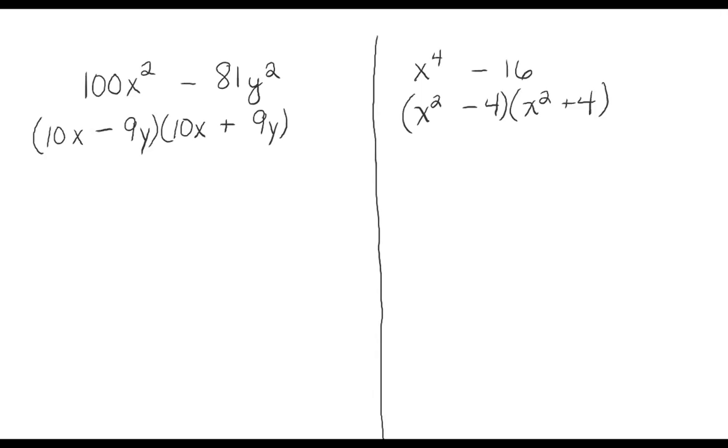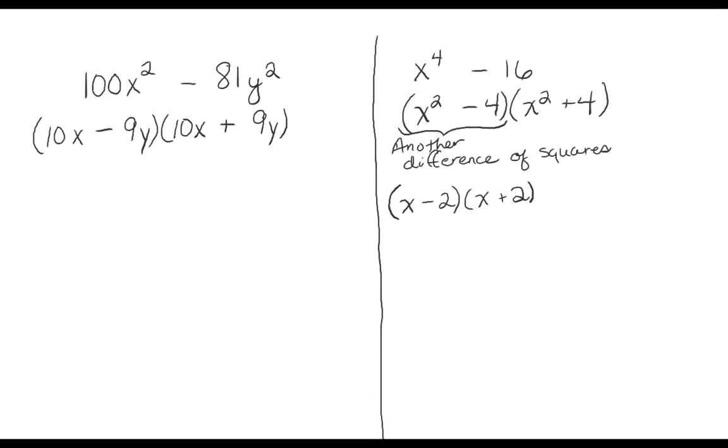Now we can go a step further because we see another difference of squares in that first factor. And so that would factor as x minus 2 times x plus 2. And then our original x squared plus 4 just stays as part of our answer. And that's it.